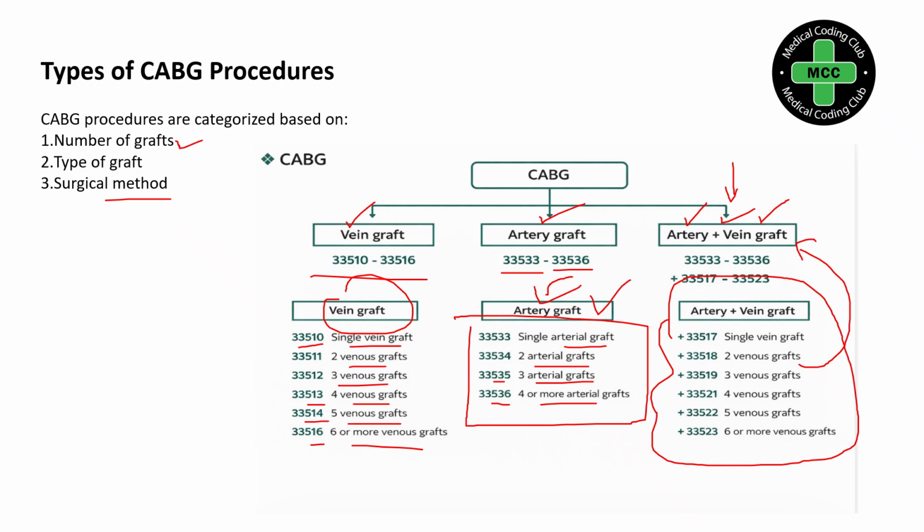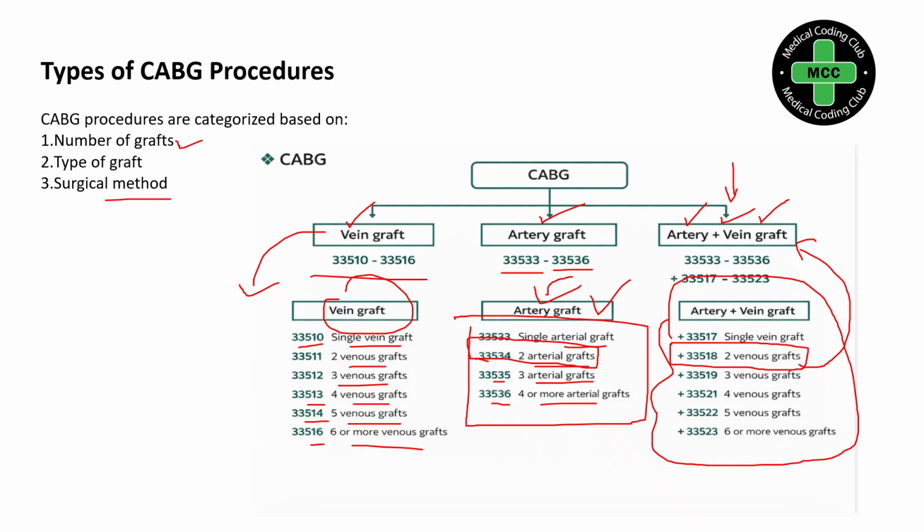Say for example, if a provider is using two arterial grafts and two vein grafts, I will code 33534 for two arterial grafts, and to report the two venous grafts I must take the add-on code 33518, which says two venous grafts. So it is very important. You should not go back and select the code from the vein graft section when you are dealing with combined grafting.